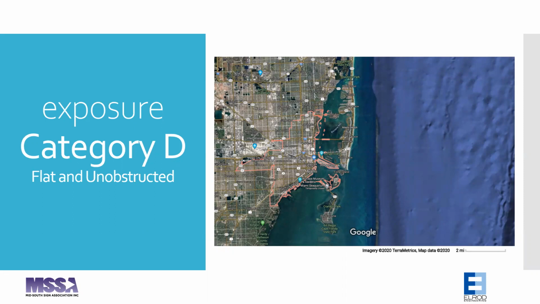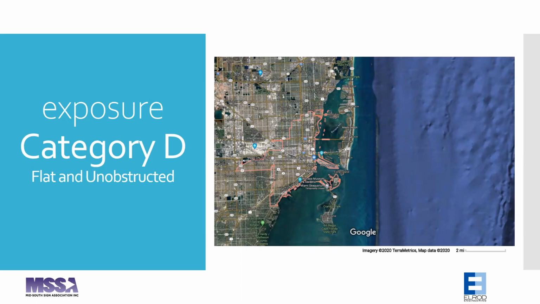One of the things I like about this photograph of Miami is that here you can see exposure categories B, C, and D all in one photograph. To the right, where the ocean is, you've got exposure D, just a long open area. In the center where the red is outlined, that's exposure B. So that's a downtown area, heavily built up.